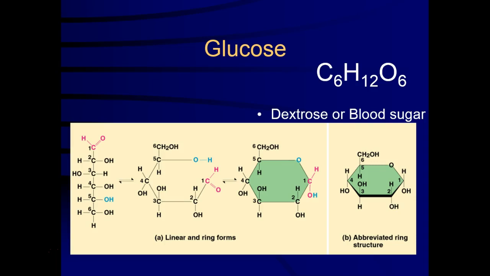So we number them. On the right, we have carbon number 1. Below that, carbon number 2, carbon number 3, carbon number 4, carbon number 5. And then coming off, almost like a little antenna, is carbon number 6. You'll notice that there's one corner in our ring that's not a carbon, and that's oxygen.